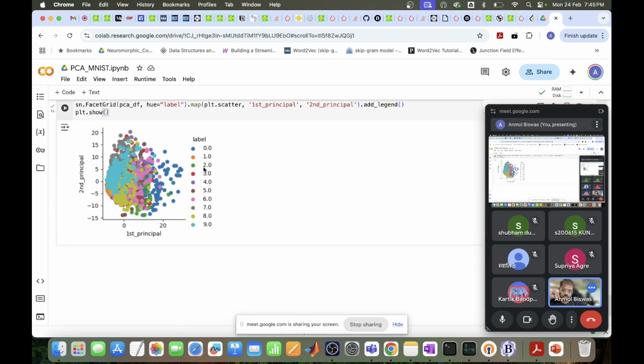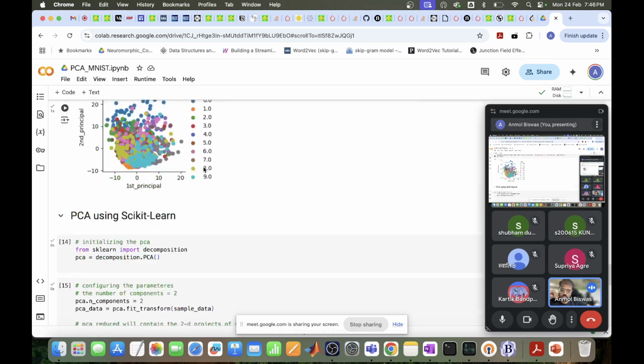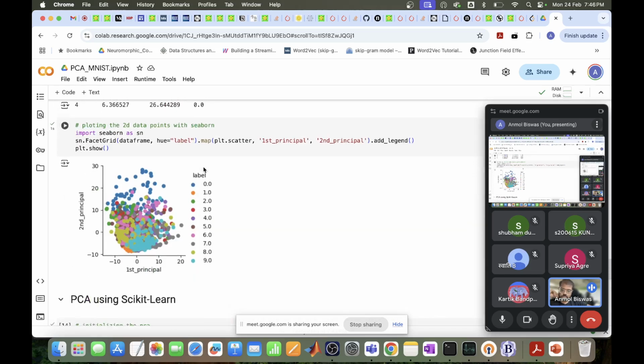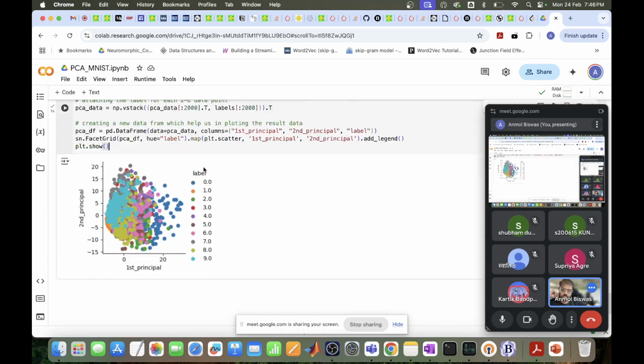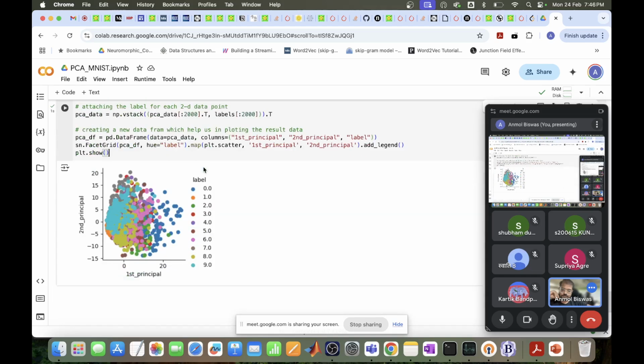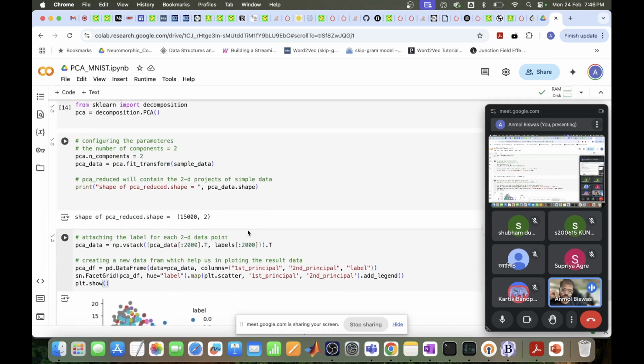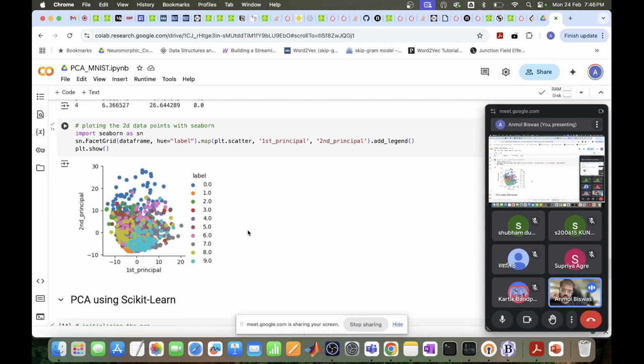Here it looks like a rotated version of the same plot, actually, if you look at it.